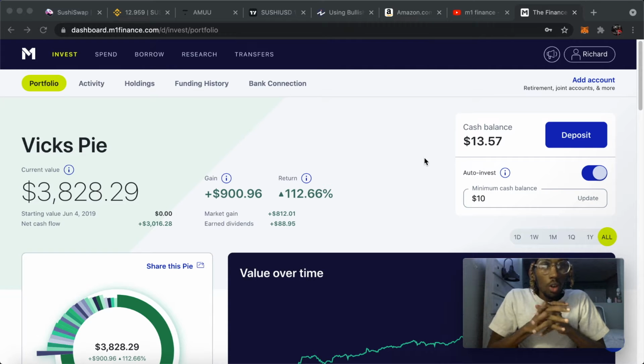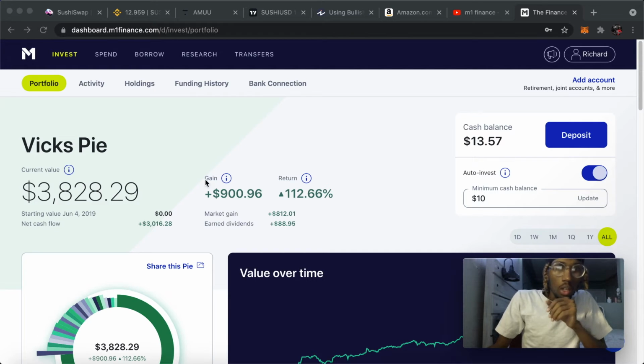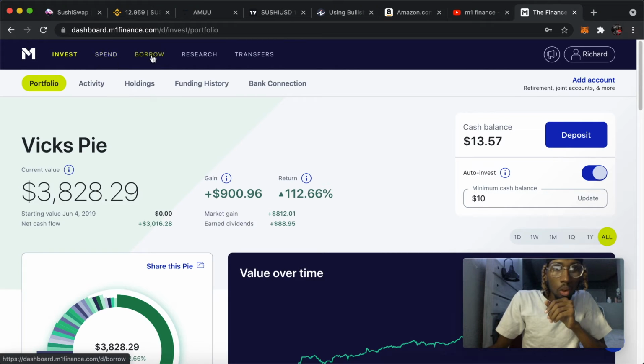So first of all, portfolio. Now I'm going to walk you through the things that I think you should be worried about. You don't really want to worry about spend or borrow as a beginner investing in M1 Finance. So as far as portfolio, the name of your pie is going to be right here.